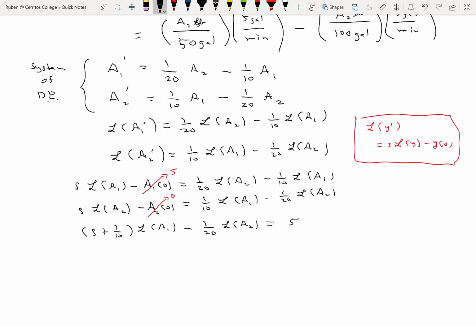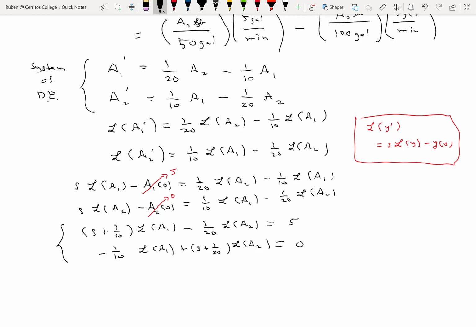I'm going to isolate the Laplace A1 and Laplace A2 on the left-hand side. So I'm going to get minus 1/10 as a coefficient of the Laplace transform of A1, plus s plus 1/20 times the Laplace transform of A2, and that equals 0.